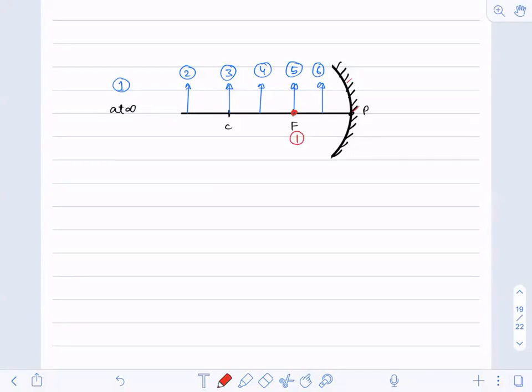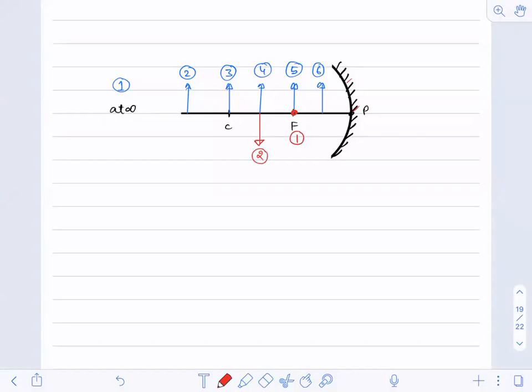For the second case, where is the image now? It is between C and focus, if you remember. So this is the second.